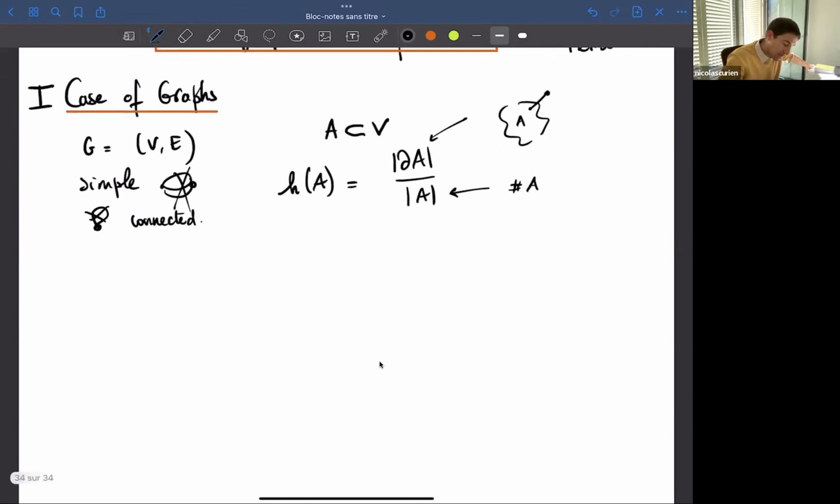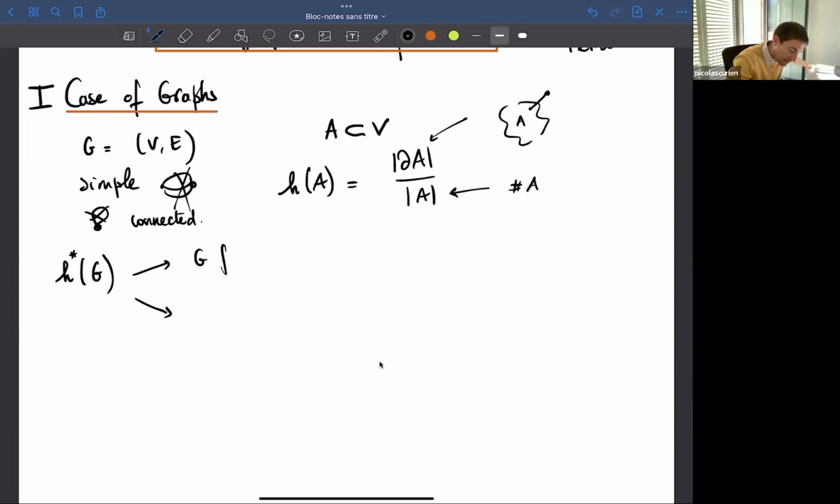Let's now define the Cheeger constant of a graph. I will denote it with an H star, just to distinguish it from the H. The Cheeger constant of a graph will be defined in two different ways, depending on whether G is finite or not.